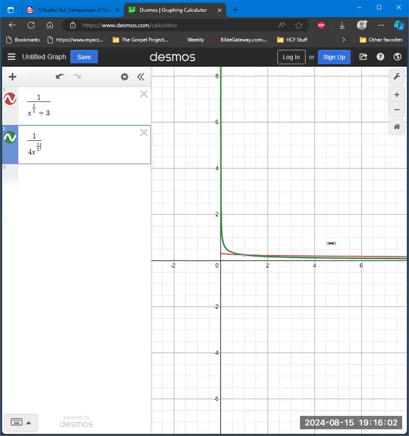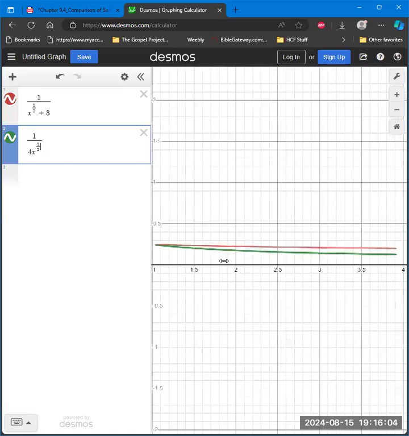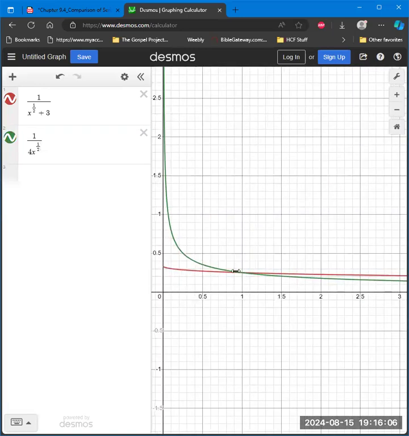So let's go ahead here and zoom in, and for all, they cross each other right there at 1, and for all n greater than or equal to 1, then my chosen series that I know is divergent because it's a p-series that diverges is less than or equal to my given series, and I'm in great shape.